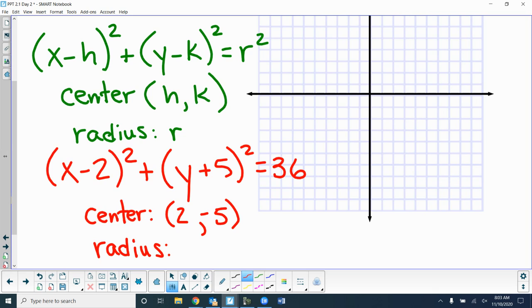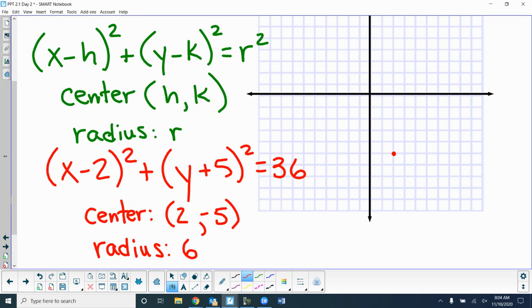So to graph it, I'd come over here to 2. 1, 2, 3, 4, 5. Right there's my center. What's my radius? 6. Yeah. Remember, this number is r squared, so you have to take the square root for the radius.